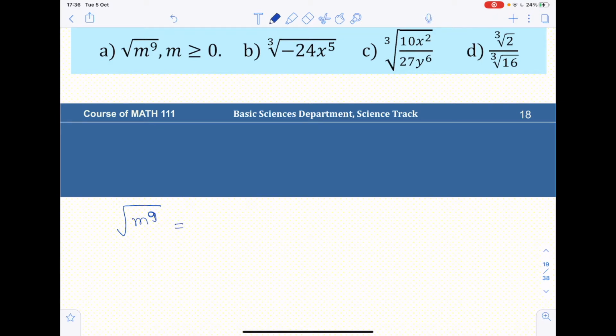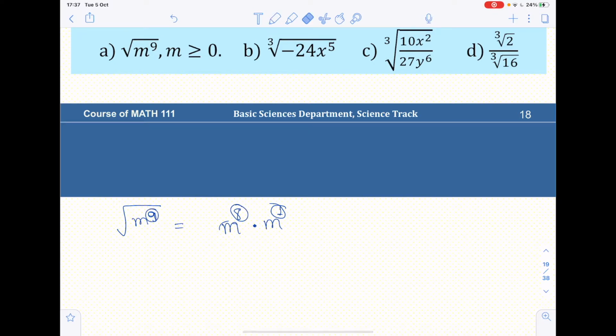I will divide m to the power 9 into m to the power 8 times m. If you remember from the first lessons, if we have the same base multiplied with each other and the powers are different, I can add the powers. So this is power 1, this is power 8. I can add these two powers to give me the 9.